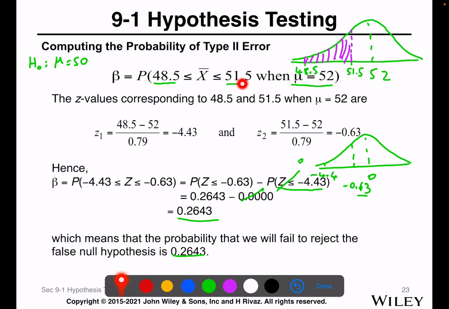So the actual mean has to be more than this or less than this, outside of this range. So basically now we have a very large chance that we fail to reject the null hypothesis, even though the null hypothesis is incorrect, right?